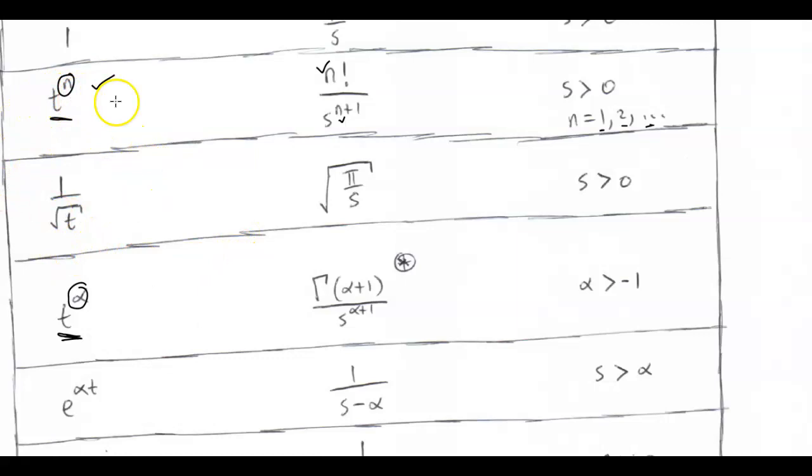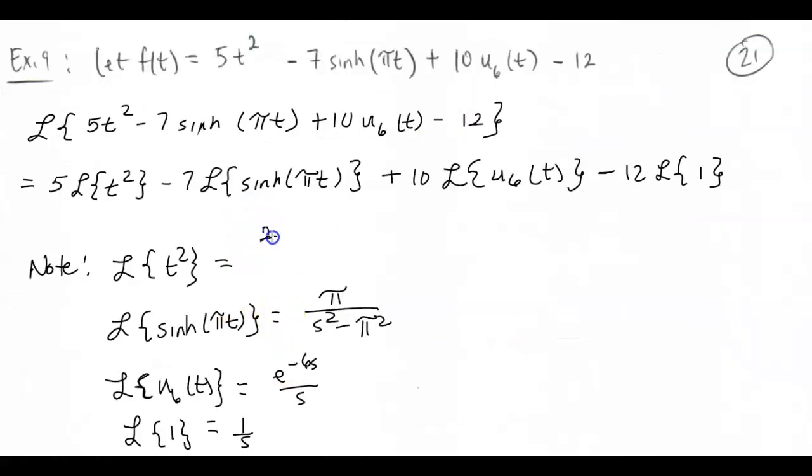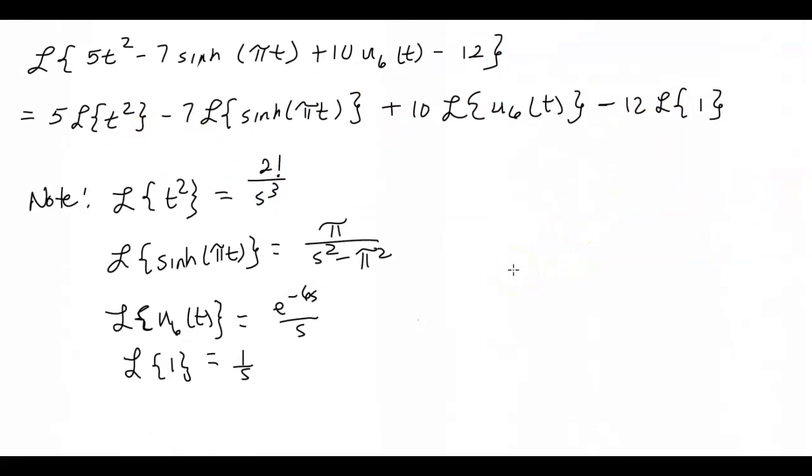So we see here that Laplace transform of t squared is just going to be 2 factorial over s to the 2 plus 1, which is s cubed. So we'll just say 2 factorial over s cubed. So here, in noting all that, all we have to do now is just go ahead and write all that stuff in.